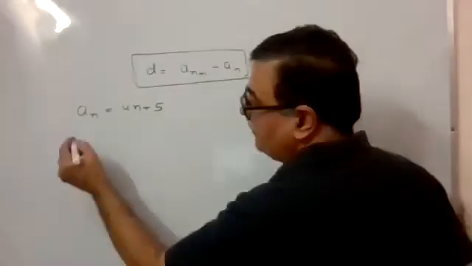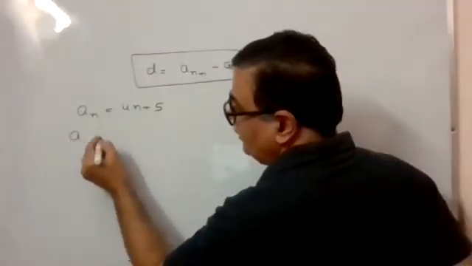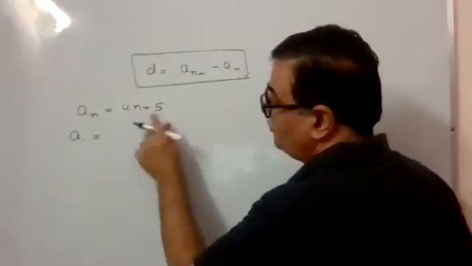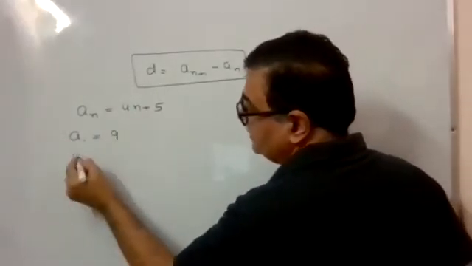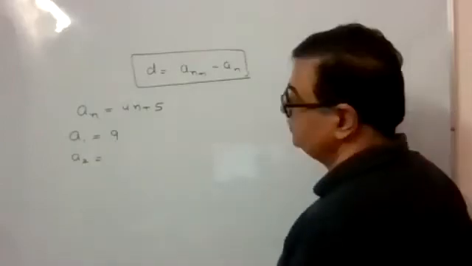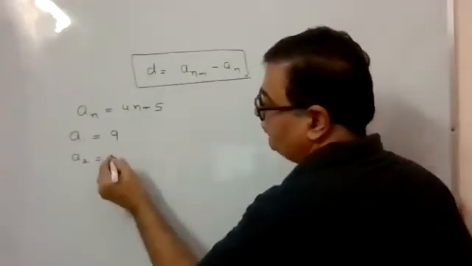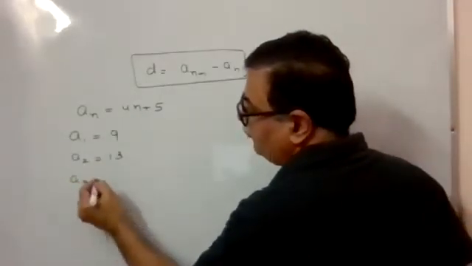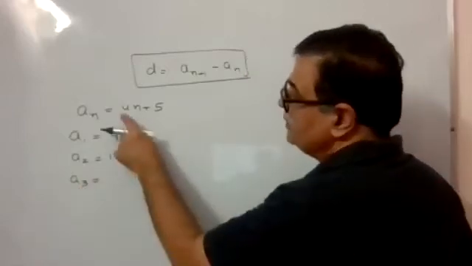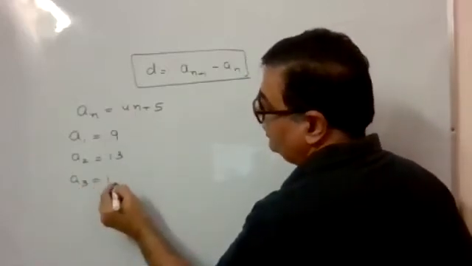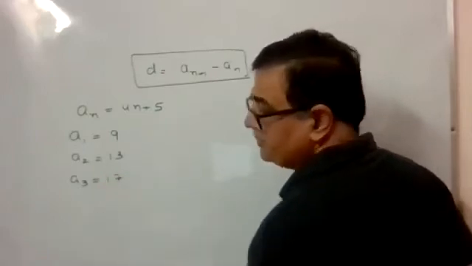One option which you have done last year was what? You calculate A1: 4 plus 5, it will come 9. Then you go for A2: 4 2s are 8, 8 and 5, 13. Then A3: 4 3s are 12, 12 plus 5, 17.